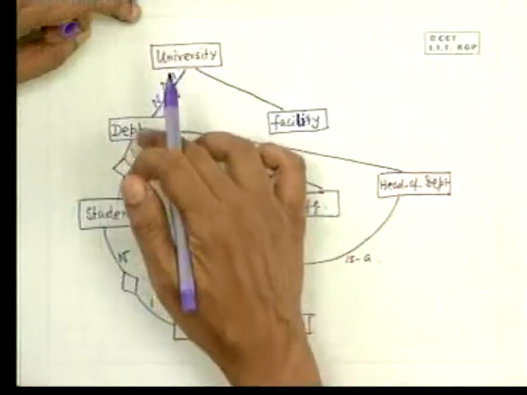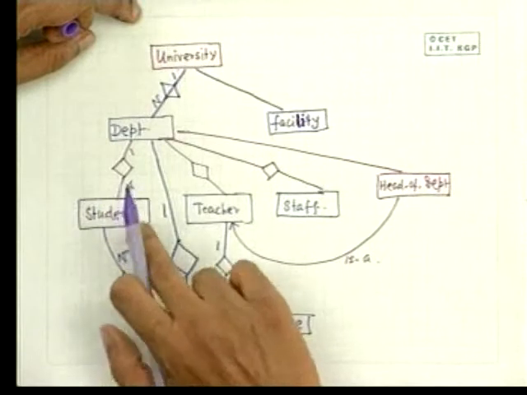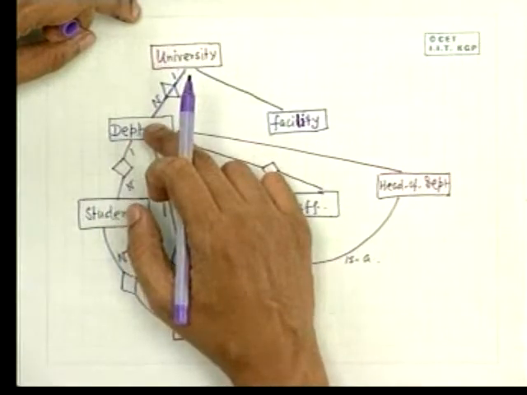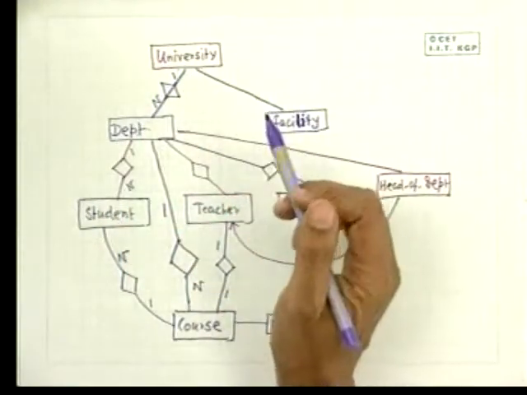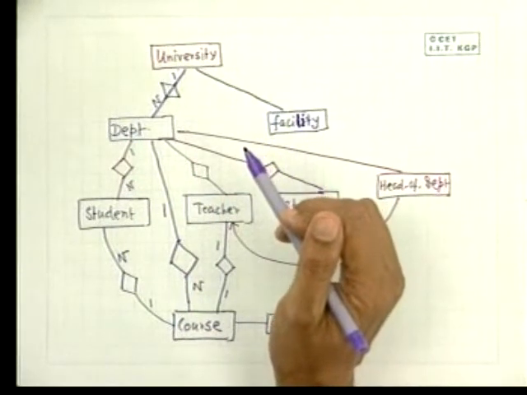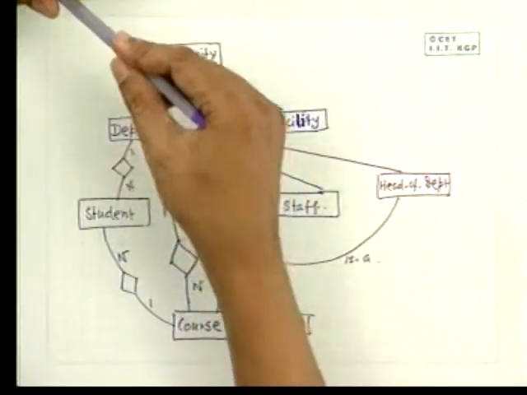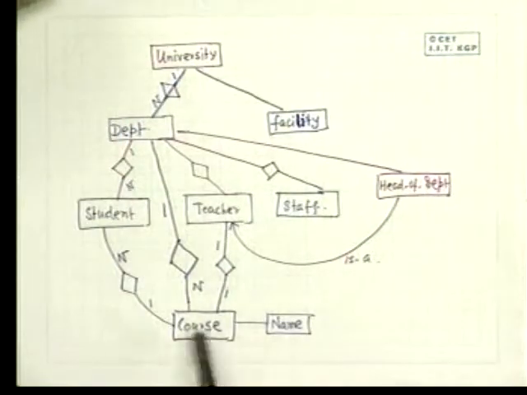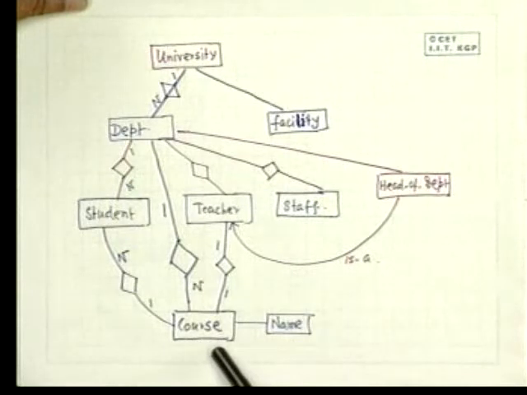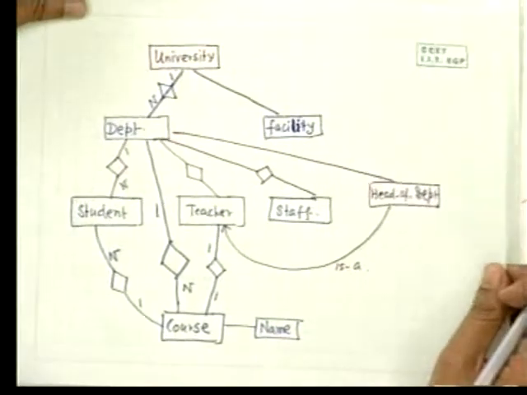So this means a department is offering this course, a student is registered into the course, and the student belongs to the department. Again, we can generalize this concept so that we may allow a student from other departments also to be registered into a course offered by a third department.